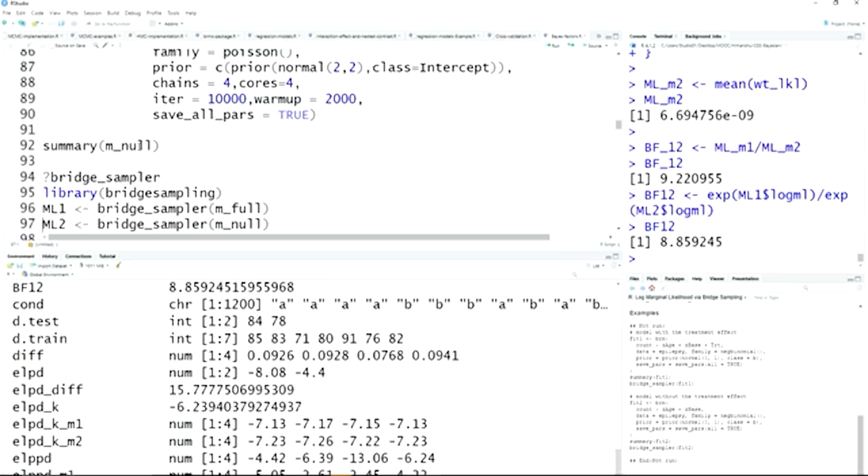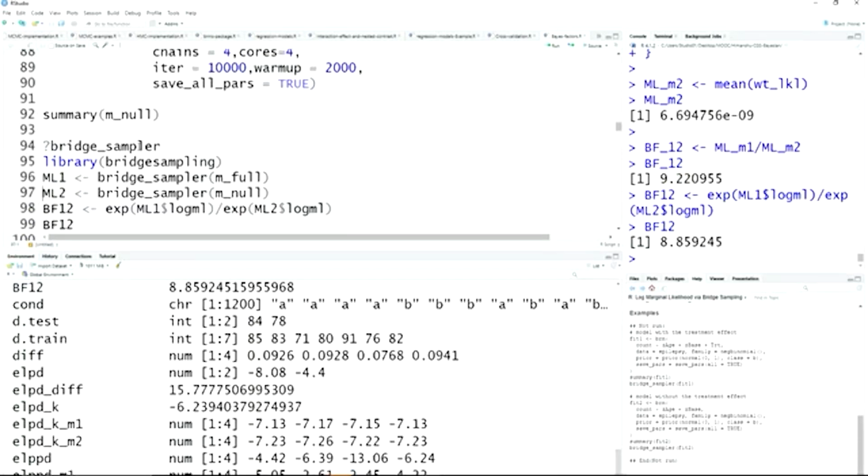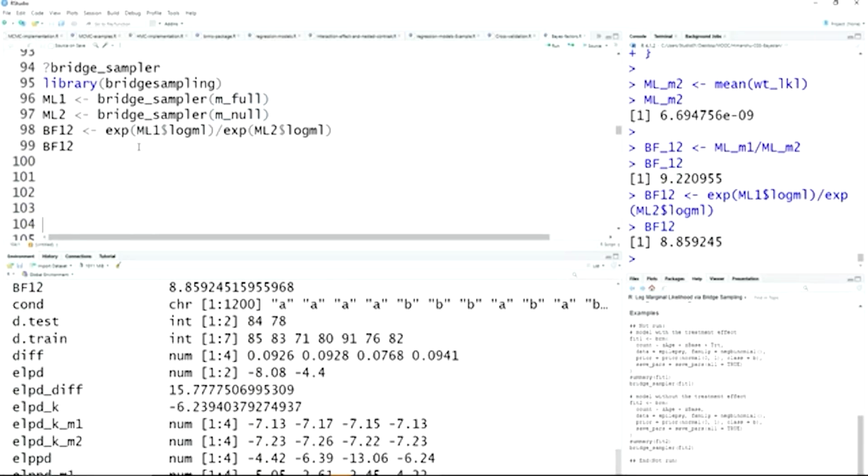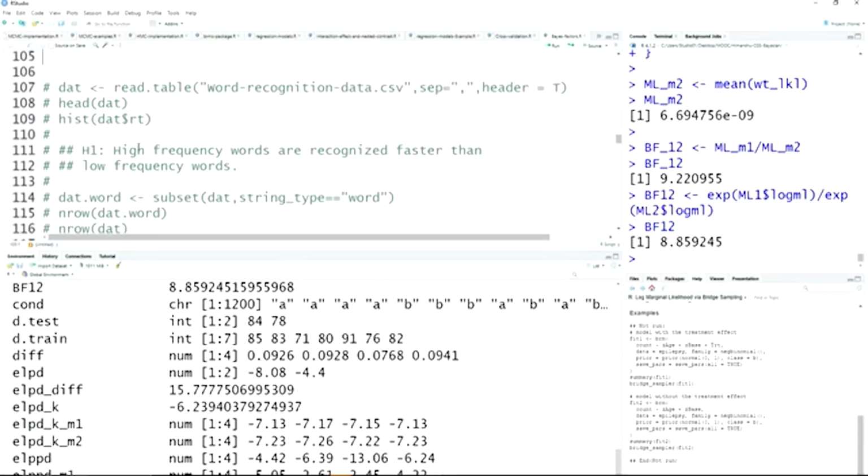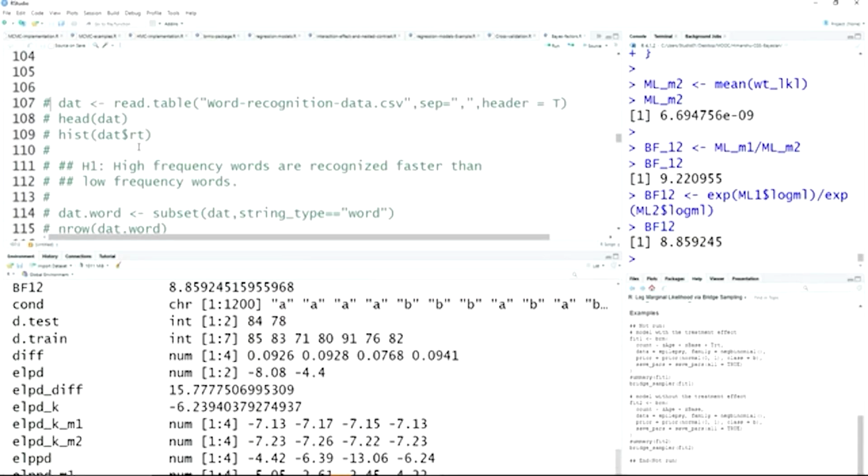I don't know why it is not working, but it's possible. But here what we have done, we have calculated marginal likelihood for each model using the bridge sampler package, and what we pass as input is the brms fit object for each model, and that gives us marginal likelihood for each model. But the main point is that it can work for even more complex models.